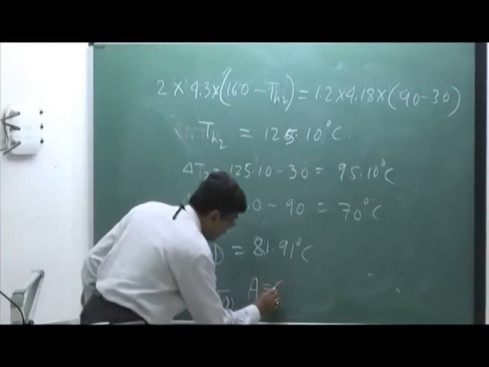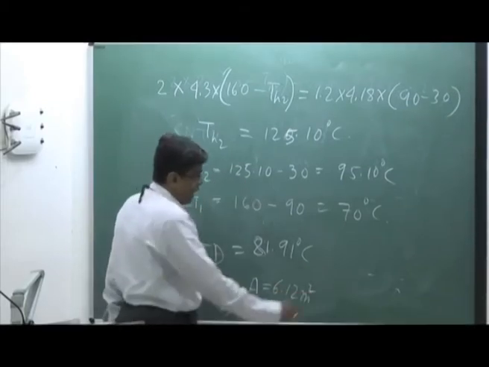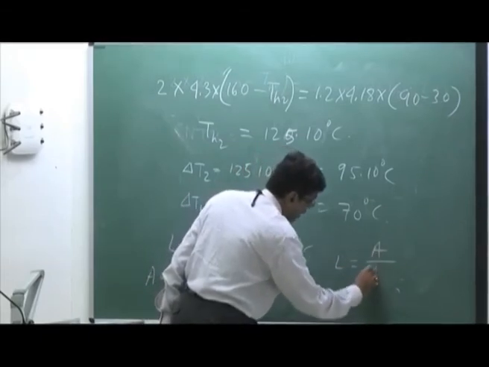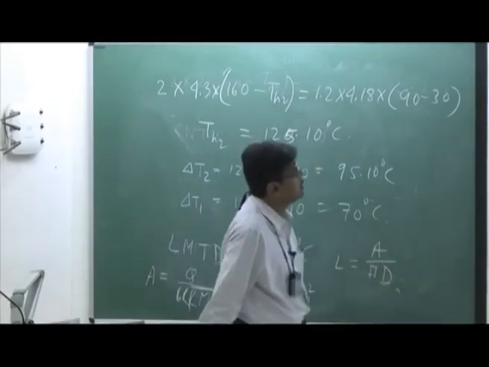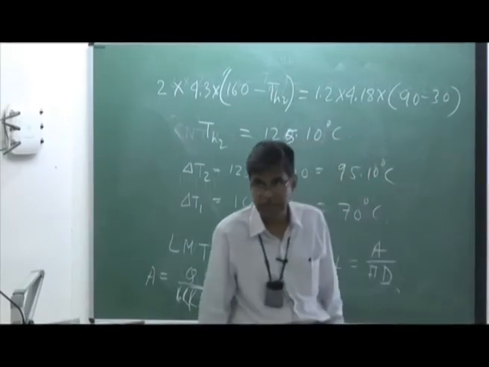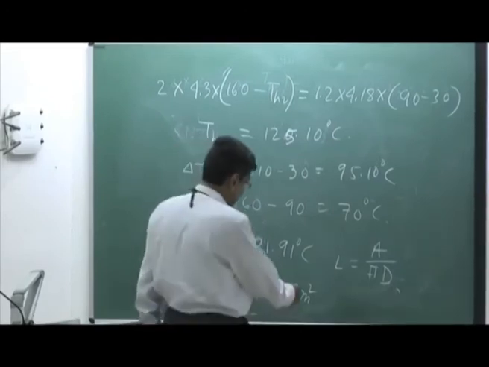What is the value of A? 6.12 meter square. And L is equal to A by pi D. And D is given as, diameter is 15 millimeter. We have to put into meter. That means 0.015 meter. And A is meter squared.